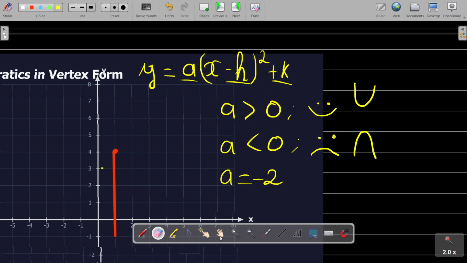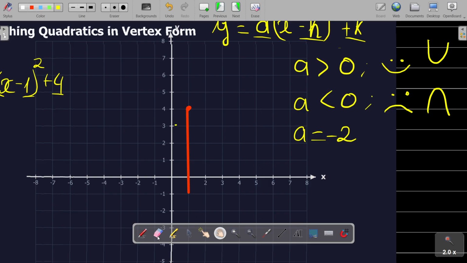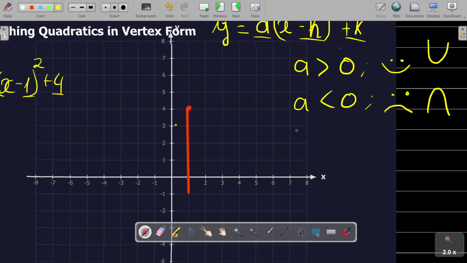So let's plot some points right now, using symmetry. Let me just delete this. Let's plot x equals 0 first.